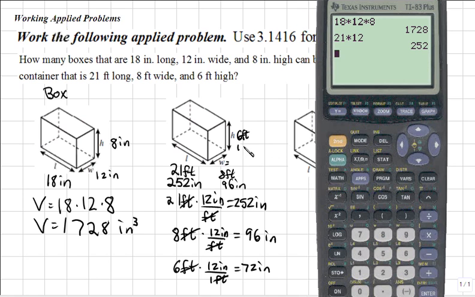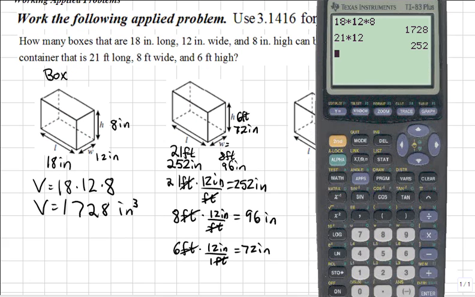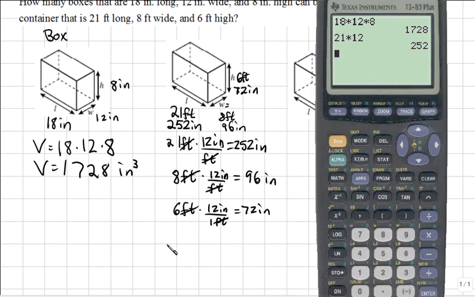We're now ready to find the volume of our container in inches. Similar to our box, we'll find the volume to be the length times the width times the height, which will be 252 multiplied by 96 multiplied by 72.